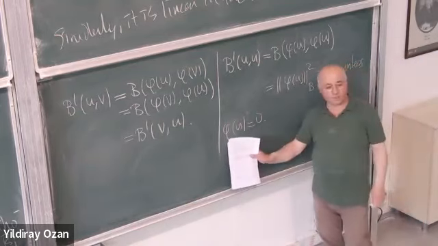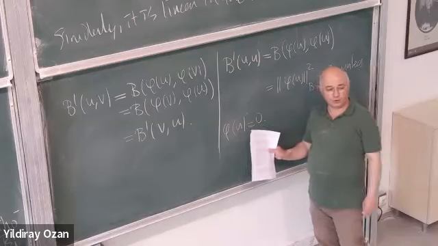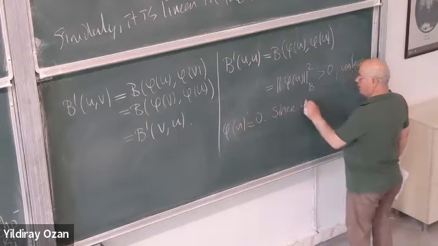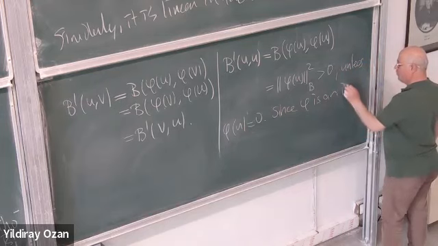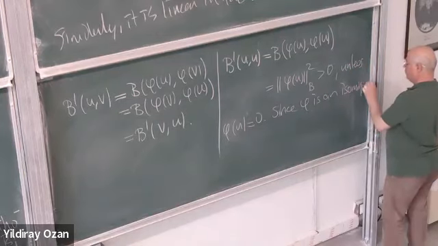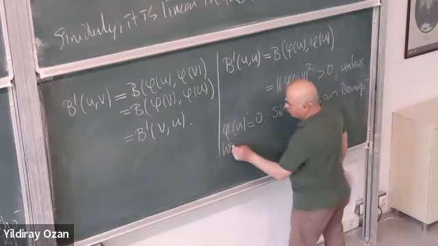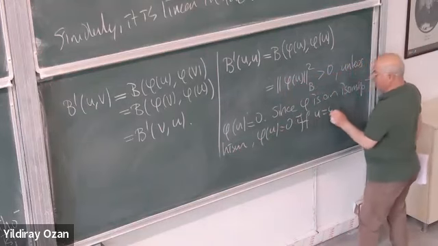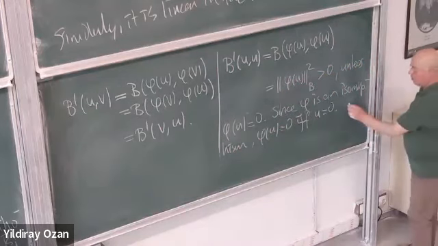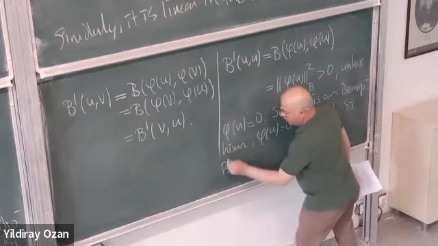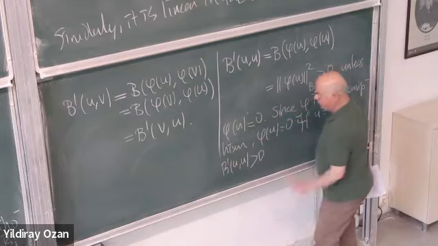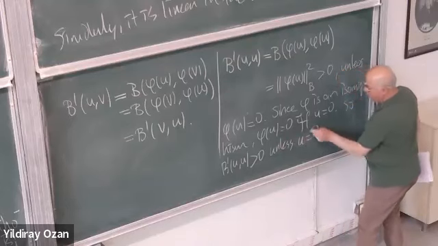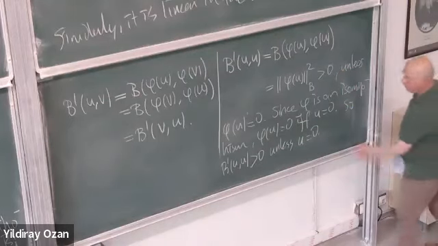But this is an isomorphism, therefore this is 0 if and only if u is 0. Since phi is an isomorphism, phi u is 0 if and only if u is 0. So this thing is positive unless u is 0. Therefore it is positive. Okay.